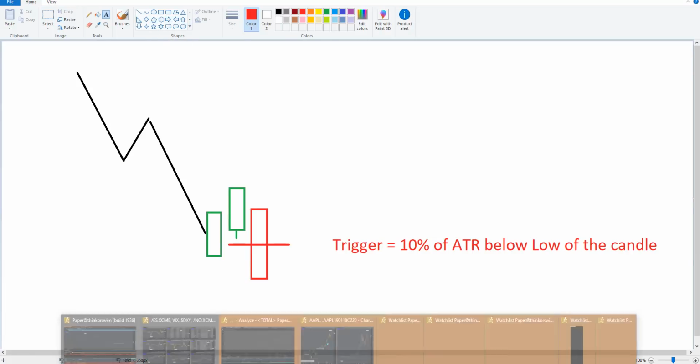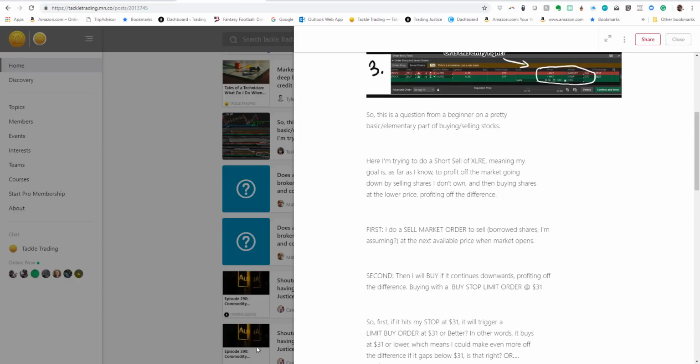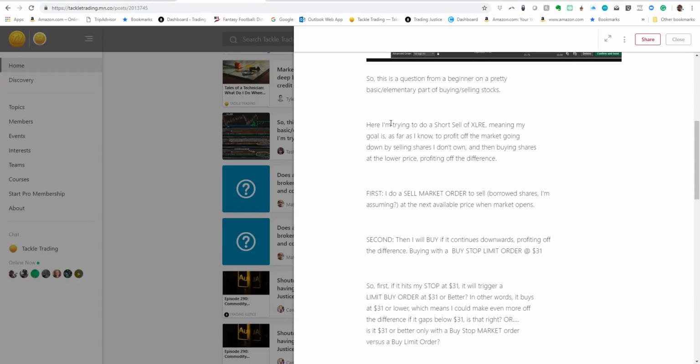Now, let's go back to your question for a minute and think through this. Let me catch where it was. So you've got an understanding there. We don't really want to use a market order. You can use a stop limit, but for a beginner, let's leave that for another video or training, okay? So right now, learn how to use the stop. The stop limit is better in my opinion, but it adds a layer of complexity where you've got to set the limit window.